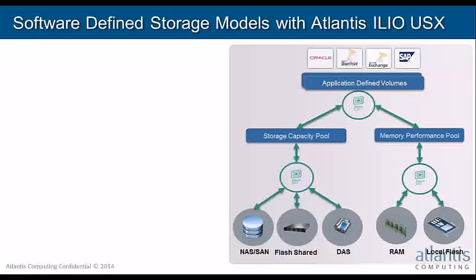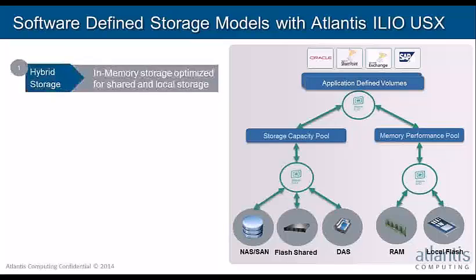The other is the storage capacity pool, which is created by other resources like shared NAS or SAN, flash, shared or DAS. And a combination of the two in different combinations are consumed by the application defined volume, which is then exposing itself to the upper layer VMs as an NFS or iSCSI export.